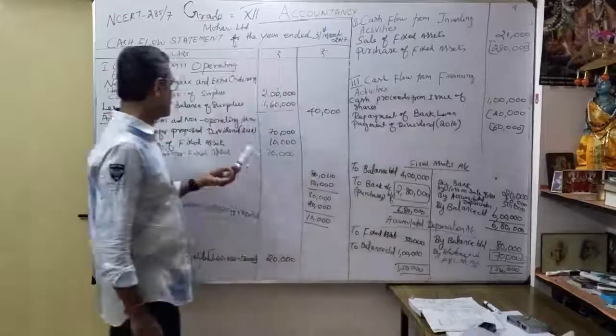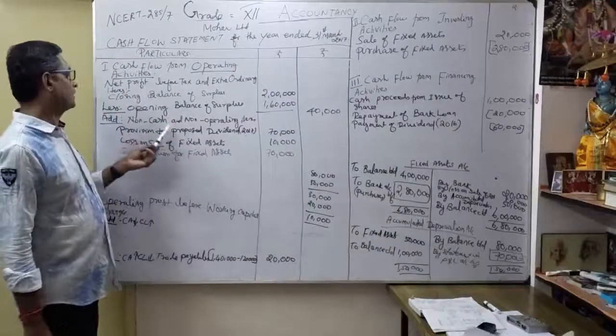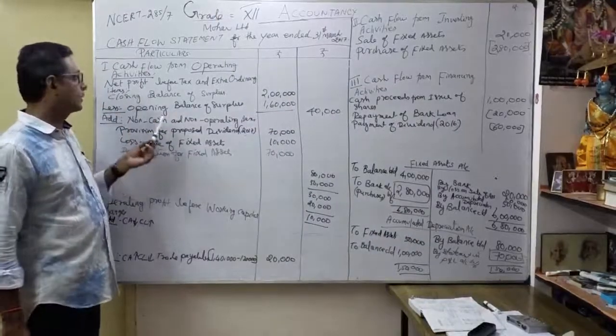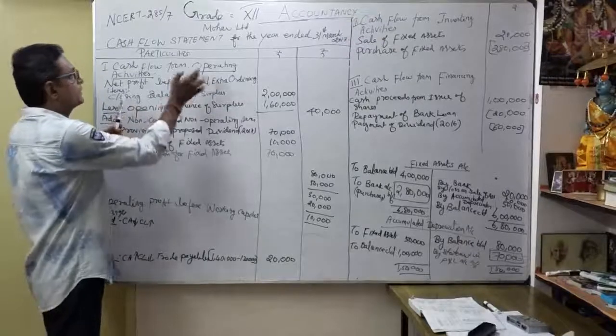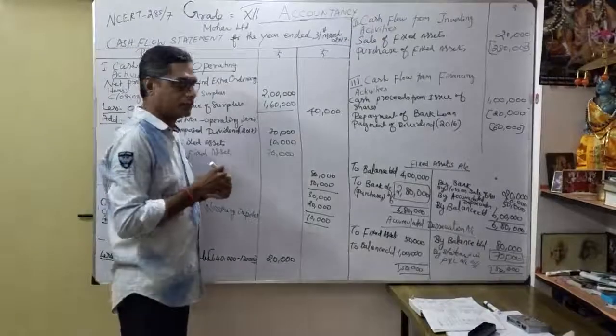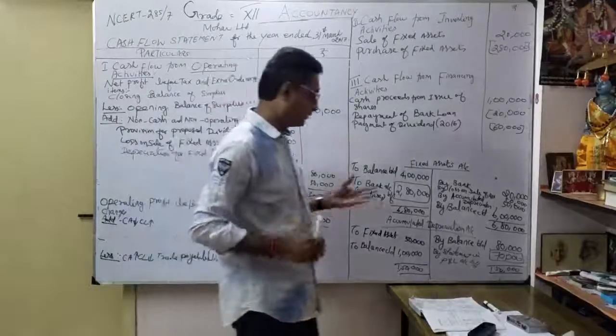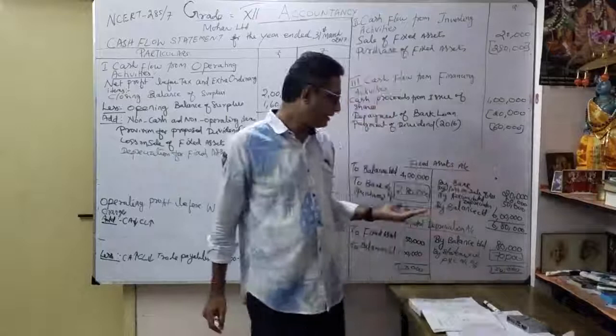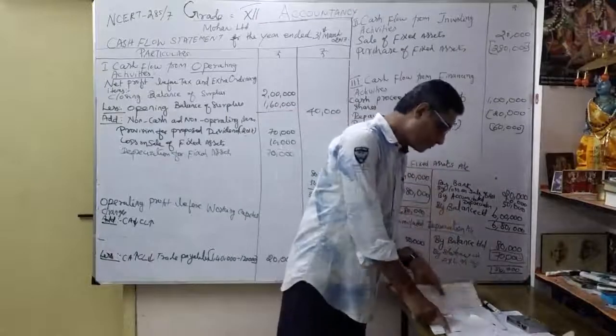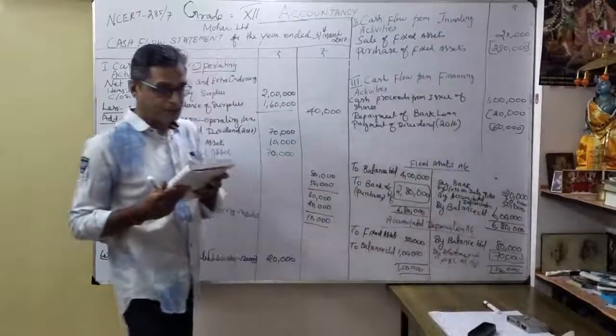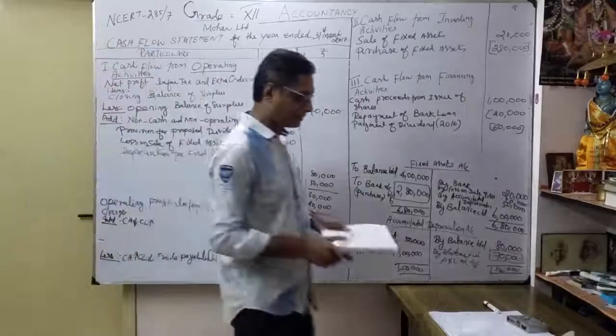So again, this is coming under non-cash item for depreciation. That's why again going to add in operating activities 70,000. Understood now? 70,000. Okay, that's the discussion for our asset side balance sheet for fixed assets and accumulated depreciation account.